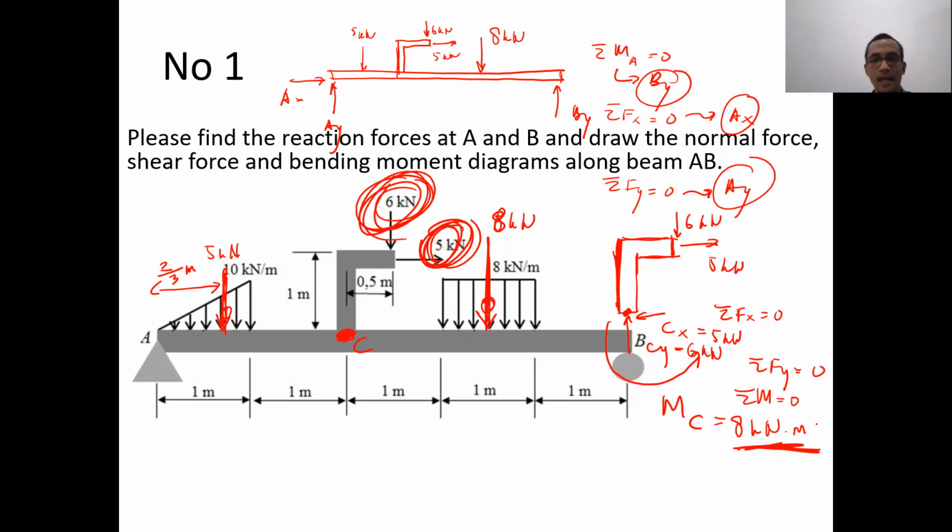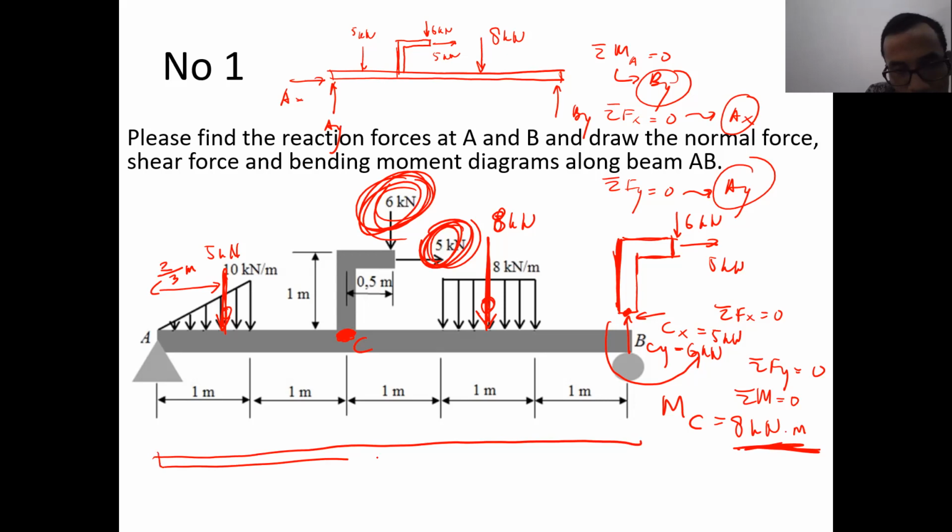Okay, then how should we draw the final free body diagram? The final free body diagram is supposed to be like this. The same as this one, but we have AY here, so you're supposed to find the value first. We have AX.